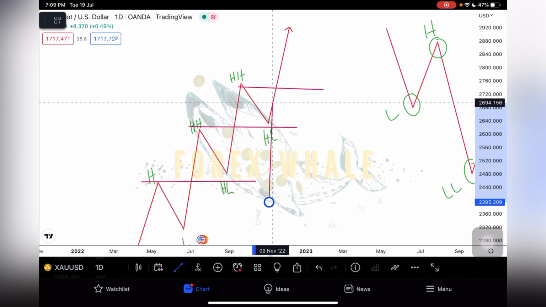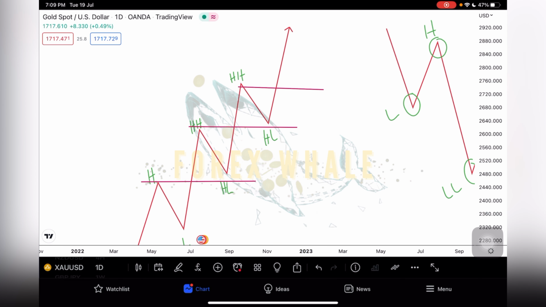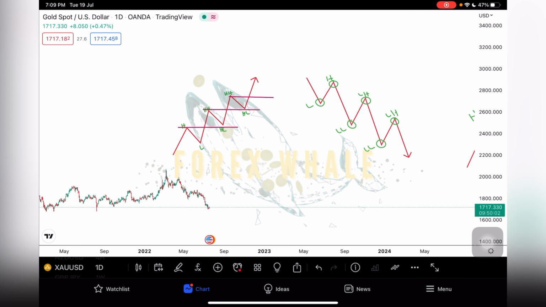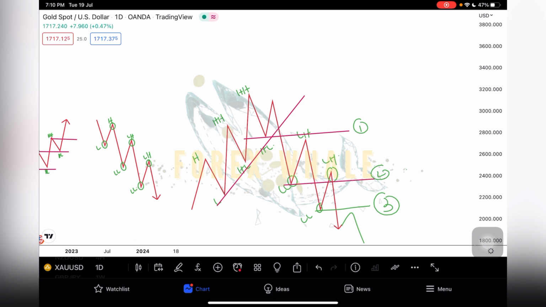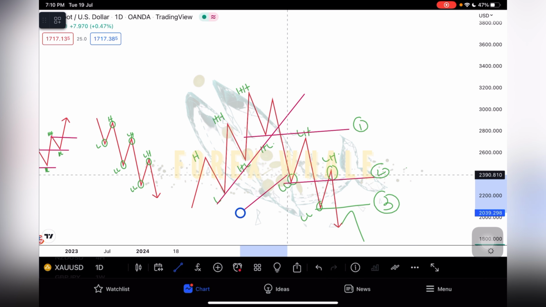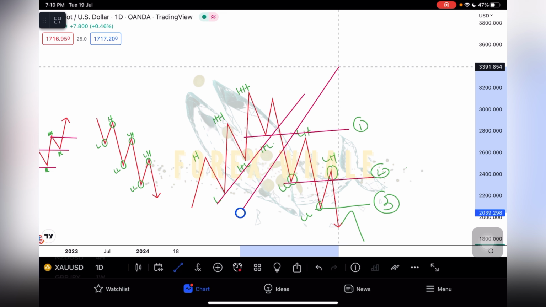That means price is still on a rally. But if it breaks through, just as I showed you in this example here, you can see very clearly price has broken this higher low and created a lower low. So then you know that the uptrend has already finished.